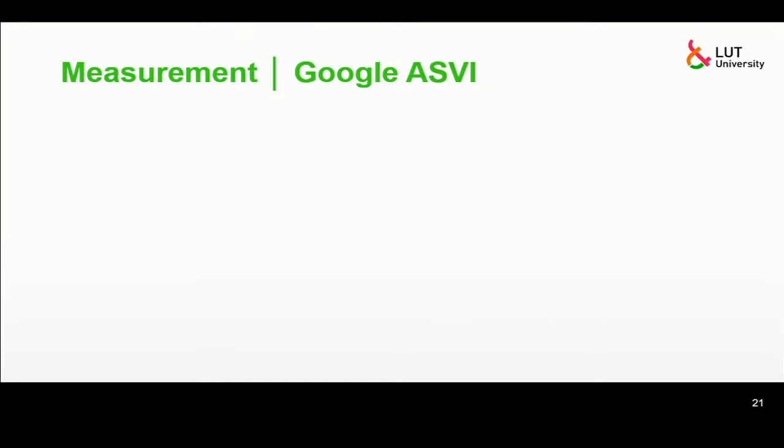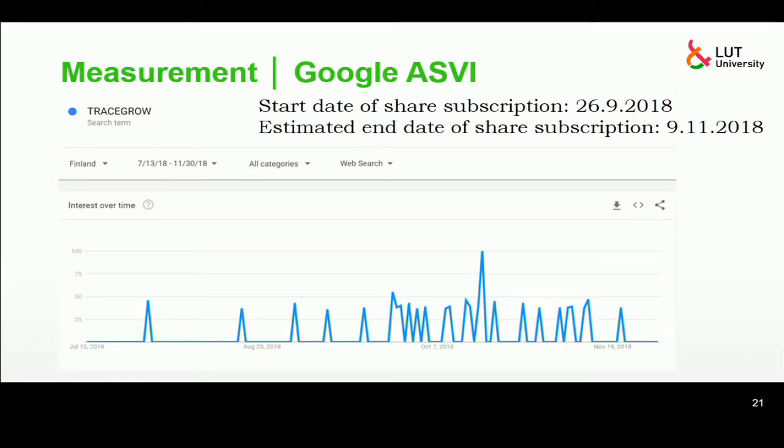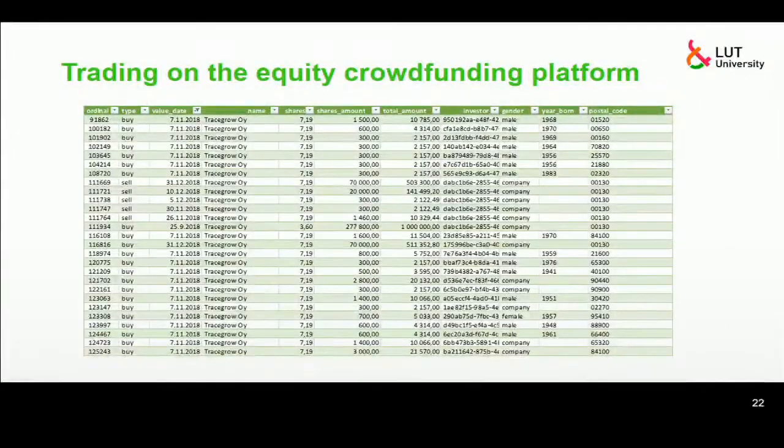And for the Google abnormal search volume index, I would like to give an example from a campaign which we had on the platform. So the company had a subscription in, let's say, October, and you can see abnormal activity during this period of time, and we can use the data and associate this abnormal activity with investments.